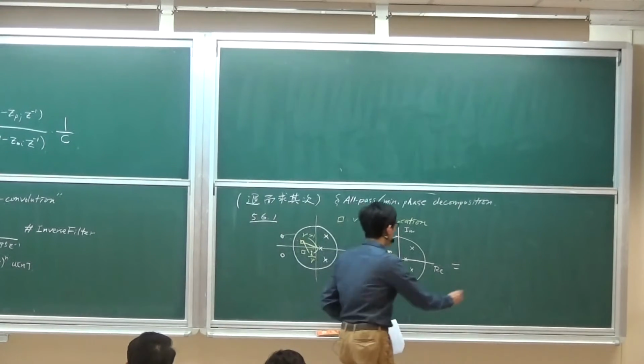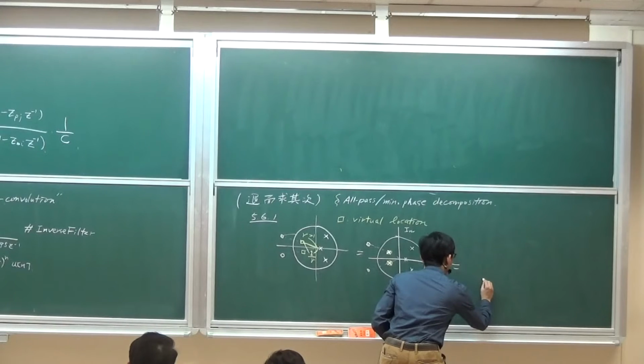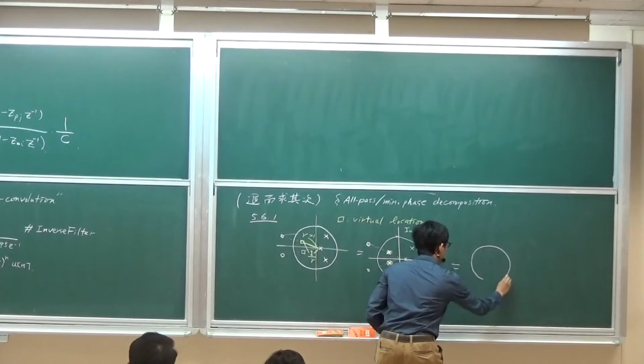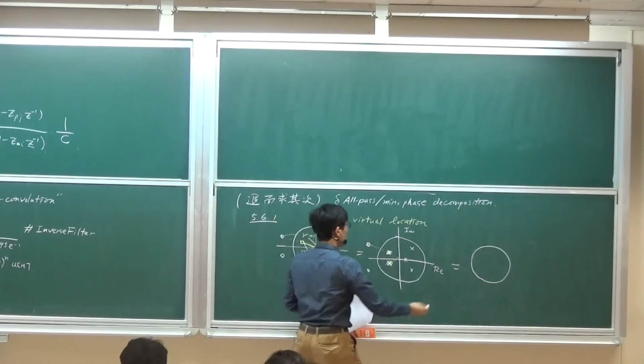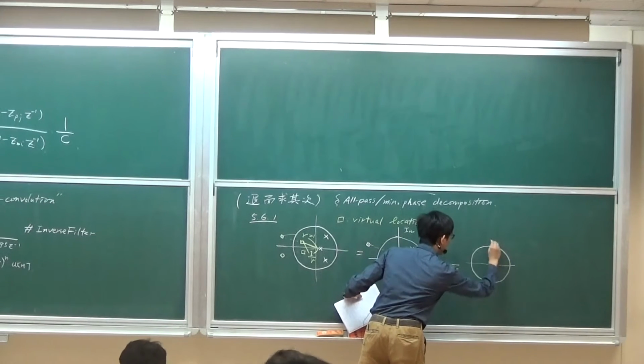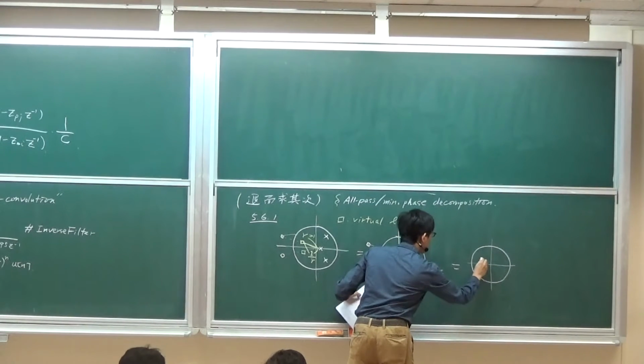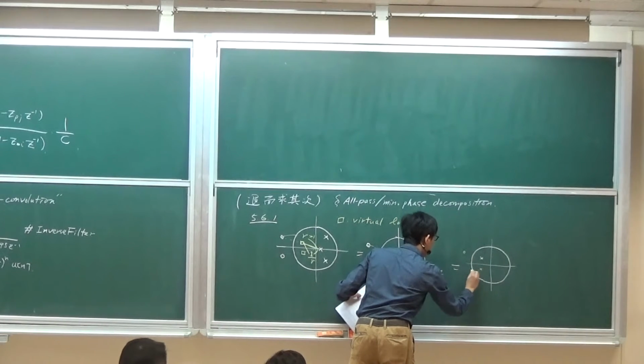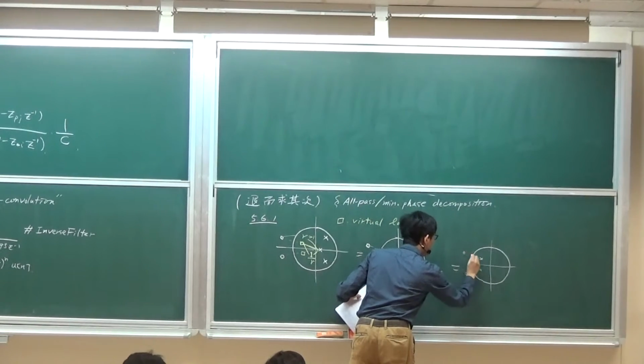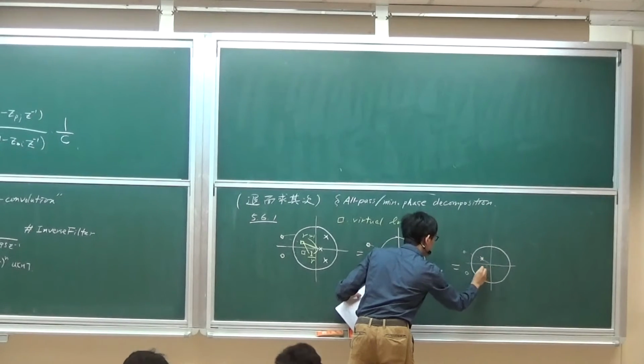Okay, why is that the case? I hope you can see that after this assignment we have two pairs of poles and zeros: the virtual pole and the outside zero at inverted locations.